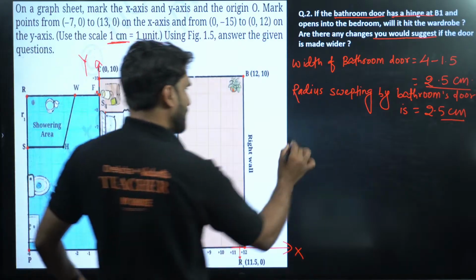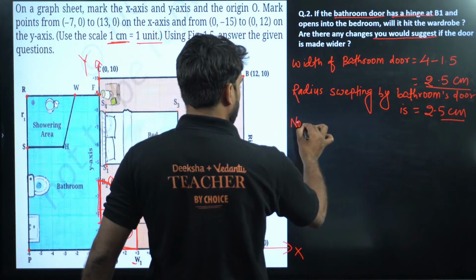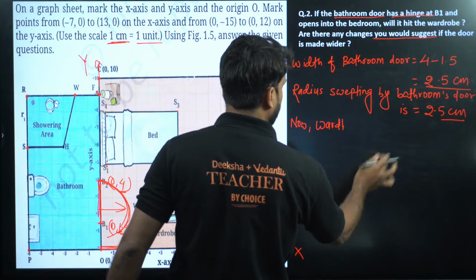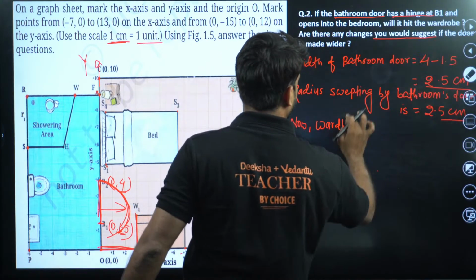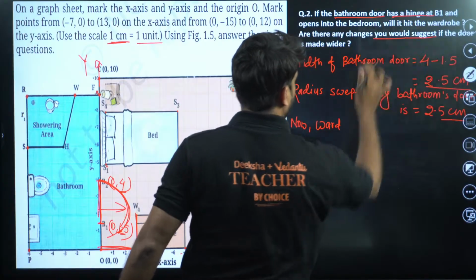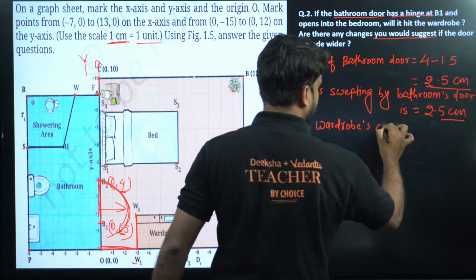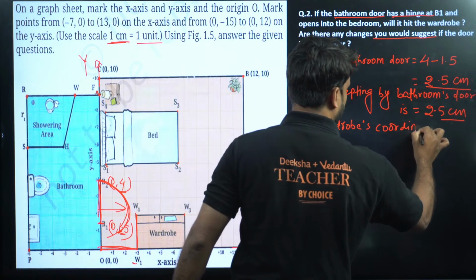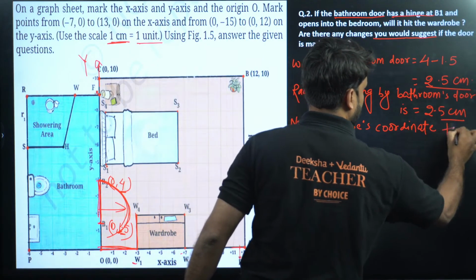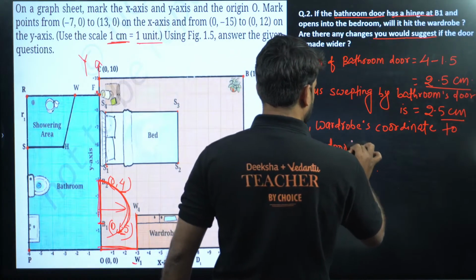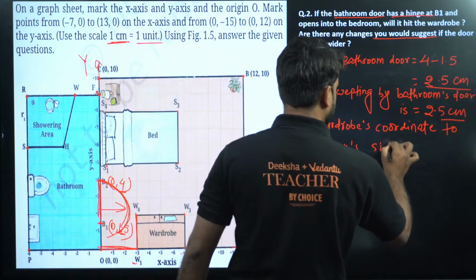So wardrobe now, wardrobe coordinate to the door's side. What is the coordinate?